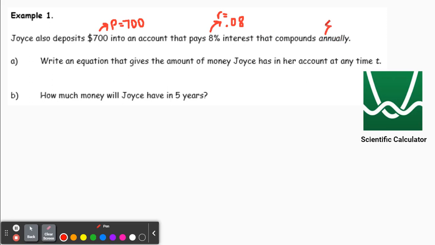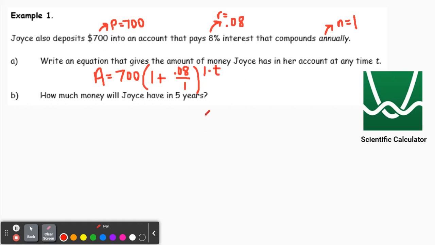So annually means once per year. So N is 1. So our equation should read A equals, that's our future value, 700 times 1 plus 0.08 over 1. And then our exponent is N times time, so that's 1 times T.